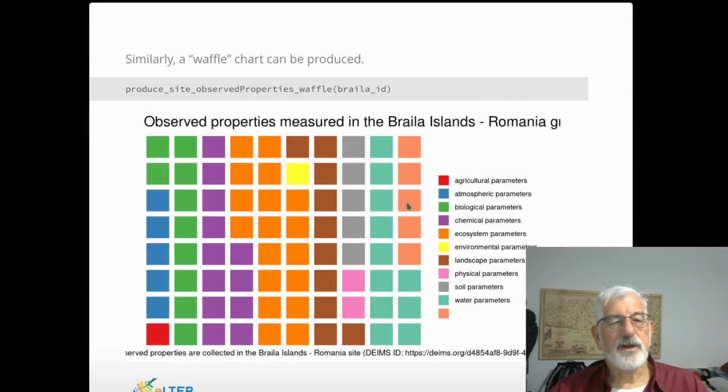An equivalent chart can be printed by calling produceSiteObservedProperties waffle. Both of these functions require the DIMES URL, which we've stored in an ID. This is the plot that we get back.